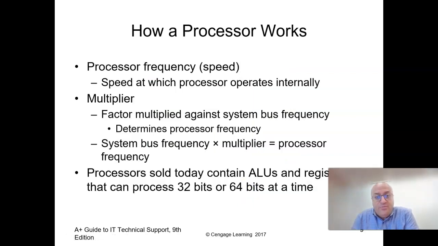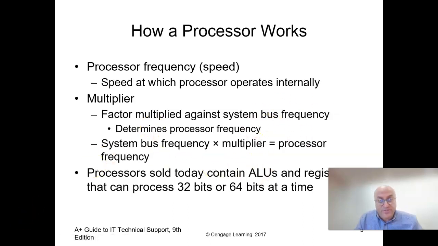However, how does a processor work? The processor has a frequency, the speed at which a processor operates internally. A multiplier factor multiplied against the system bus frequency determines the processor frequency.